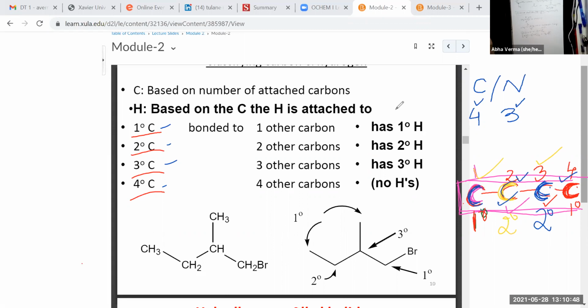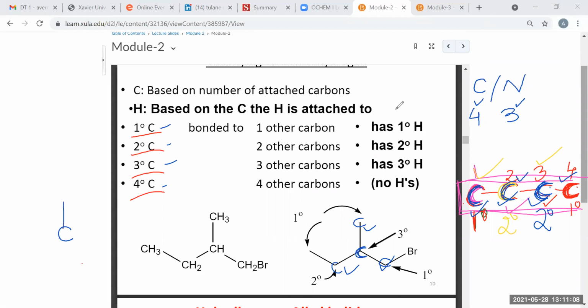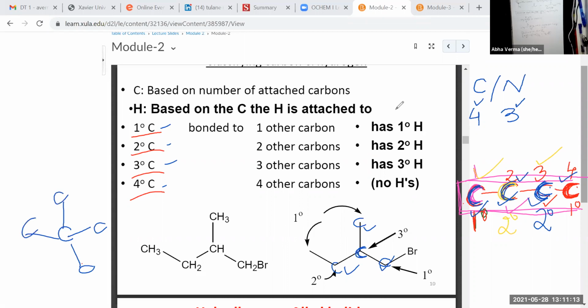A secondary carbon is attached to two other carbons. And a tertiary carbon will be attached to 3 other carbons. What will a quaternary carbon be attached to? How many carbons? 4. Yes. It will be attached to 4 other carbons. Now, these are your multivalent atoms.